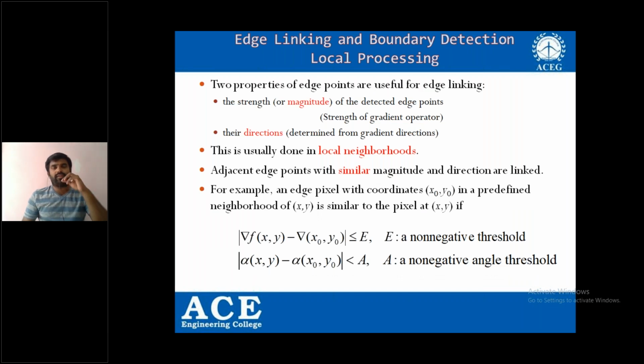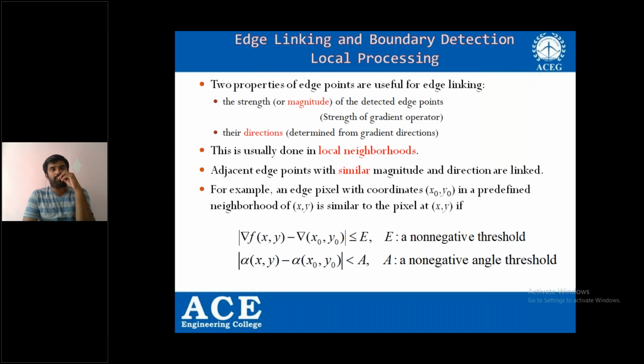Next, for image segmentation, the first task is detection of discontinuities. Therefore, we have discussed point detection, line detection, and edge detection. Now, for example, here I have identified the edge. Very good.